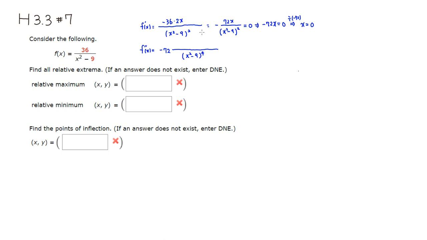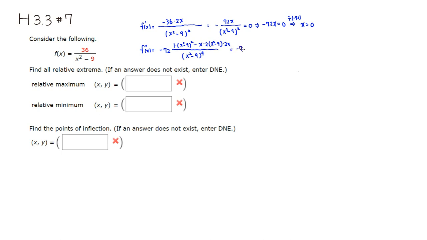Then the derivative of x is 1 times the denominator x squared minus 9 squared, minus the top x times the derivative of the bottom. So you have a 2 times quantity x squared minus 9 to the 1st power, then you multiply by 2x, the derivative of the inside.